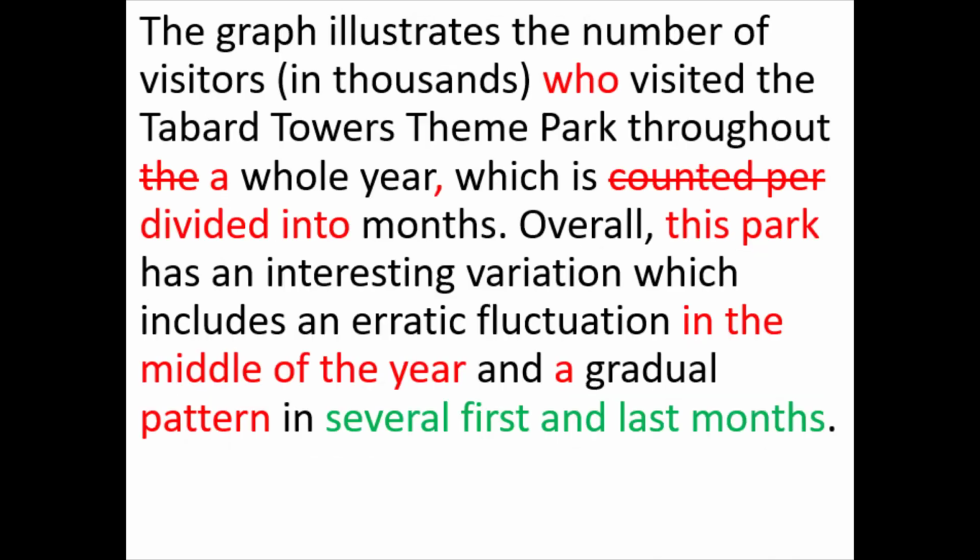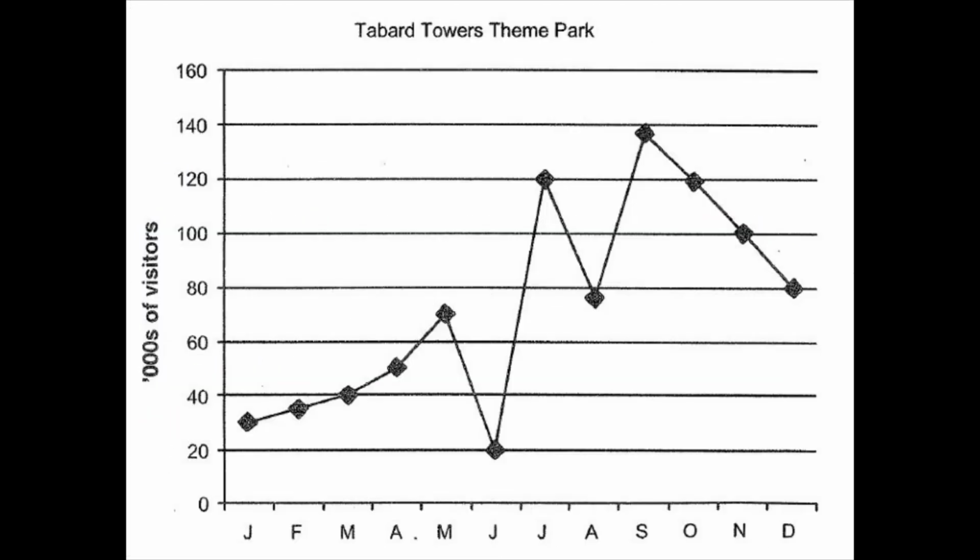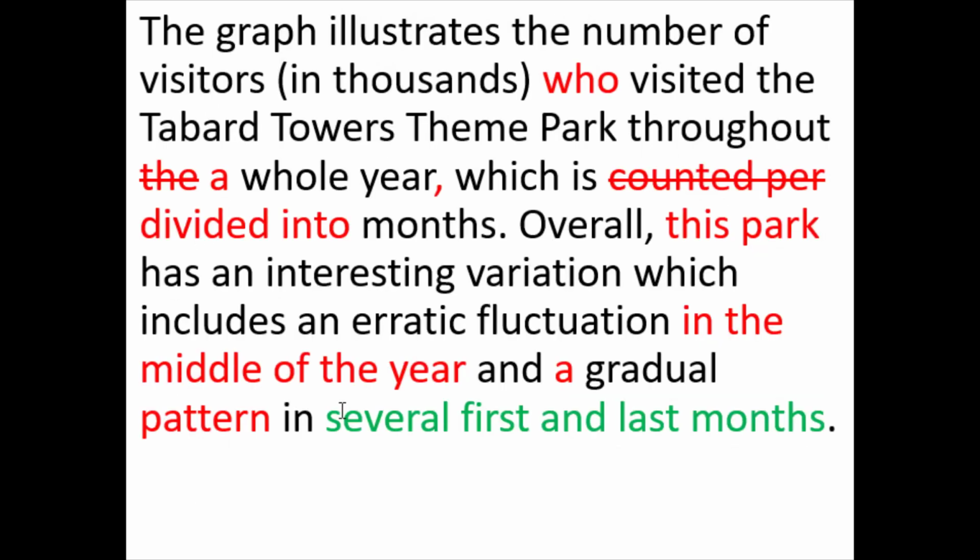Well, perhaps. But I don't think that pattern is the right word, because this is an increase, this is a decrease. So if we're talking about increases and decreases, we should use the word increase and decrease. Unless you want to say gradual changes. Changes might be a better word.